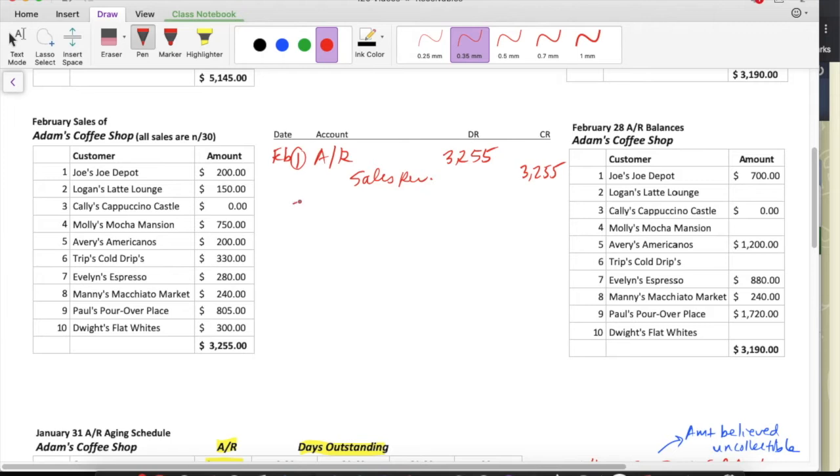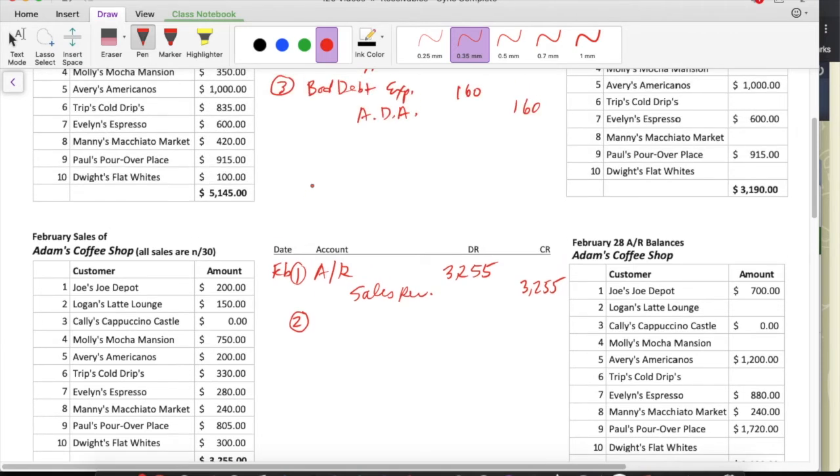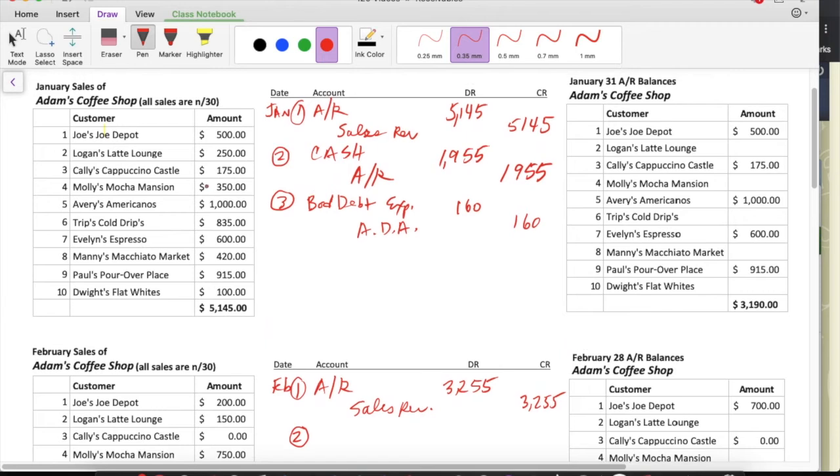I determine that one of my customers is not going to pay me. We talked about how at the end of January, Callie's Cappuccino Castle owed us $175. That was her outstanding balance to us at the end of January.